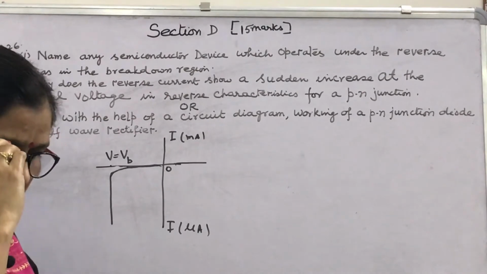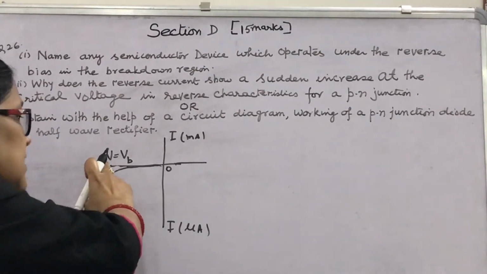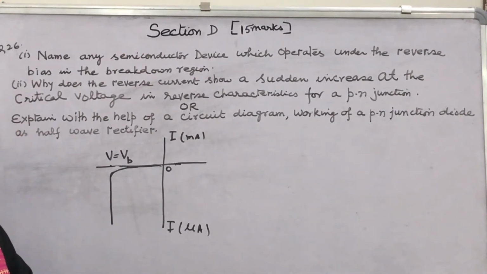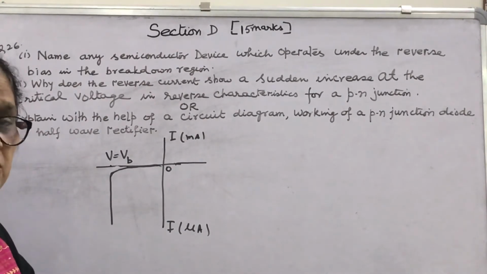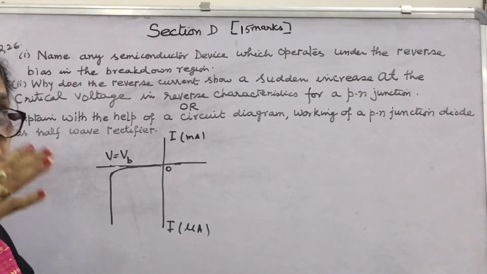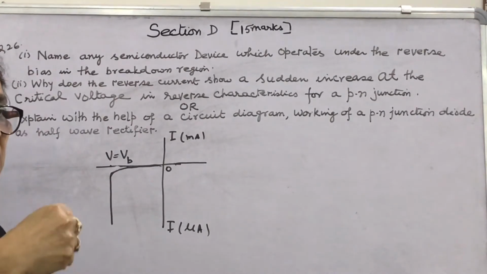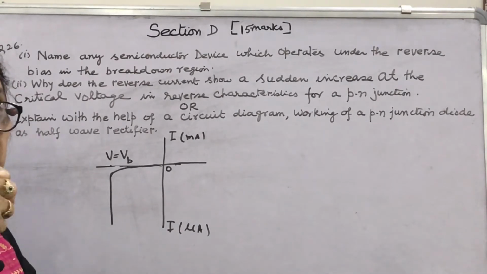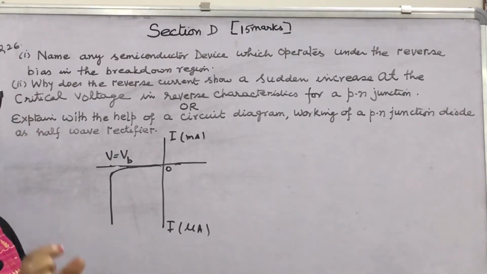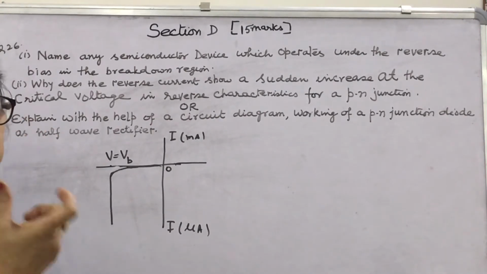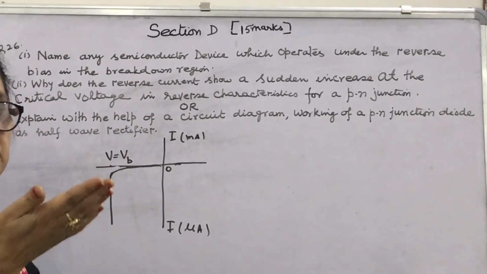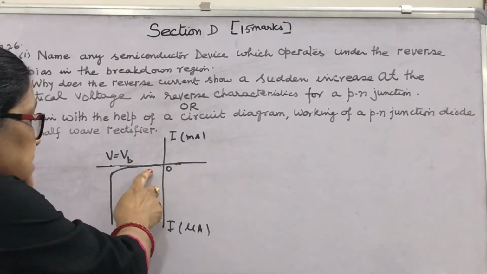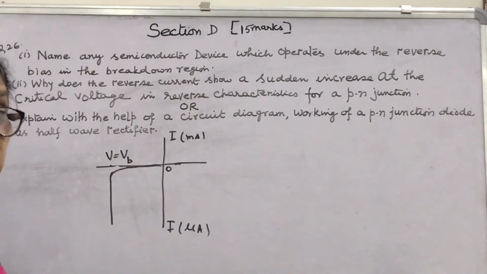At this voltage, called the breakdown voltage, the electrons which are minority charge carriers on the P side are pulled by the high voltage across the junction. When the reverse voltage increases, the electric field also increases.